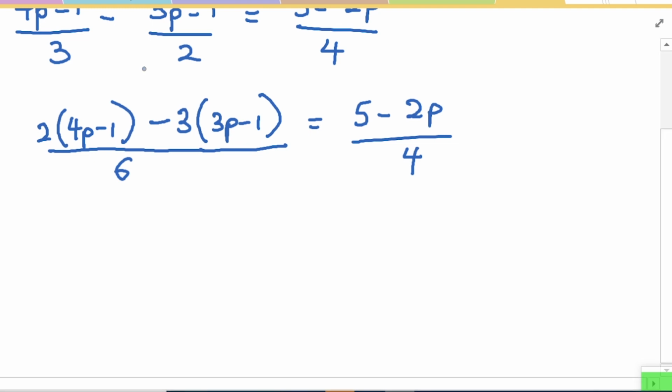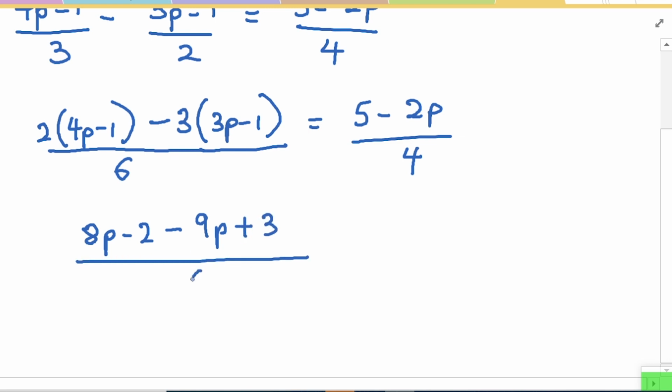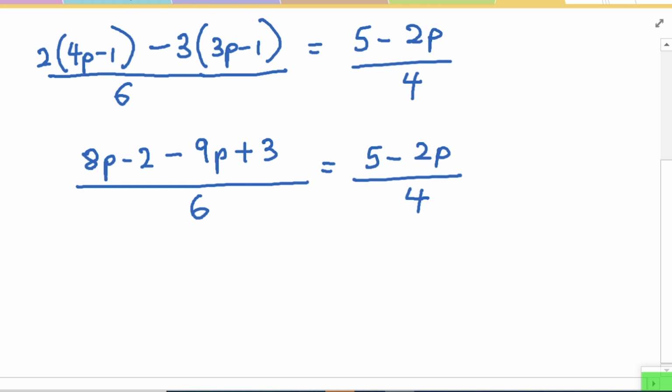From there, we shall go ahead and open the brackets. 2 times 4 is 8p minus 2. 3 times 3 is minus 9p. Negative 3 times negative 1 is plus 3. Divided by 6 is giving us 5 minus 2p over 4. So we collect like terms.